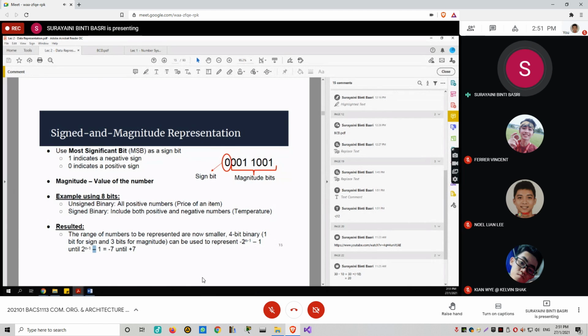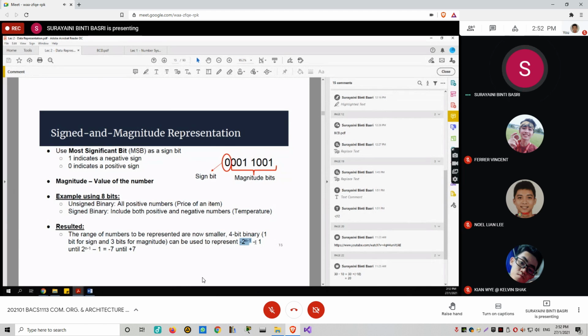So for example, 2 to the power of n, and if this is 4, so n is 4. So 2 to the power of n minus 1, n is 4, so minus 1 will be 3. So 2 to the power of 3 is equal to 8.